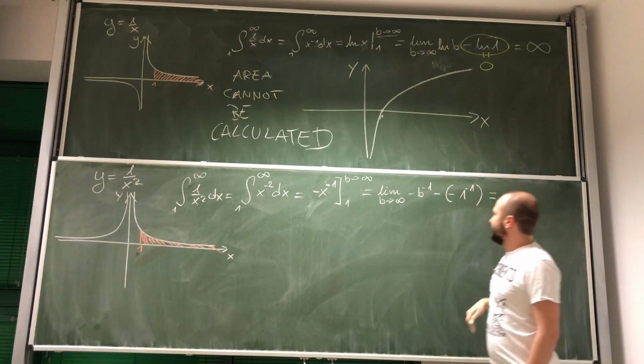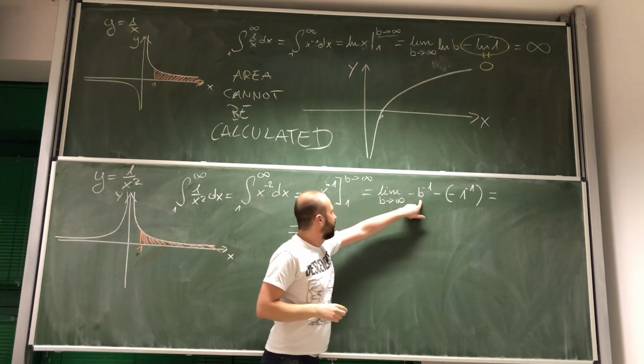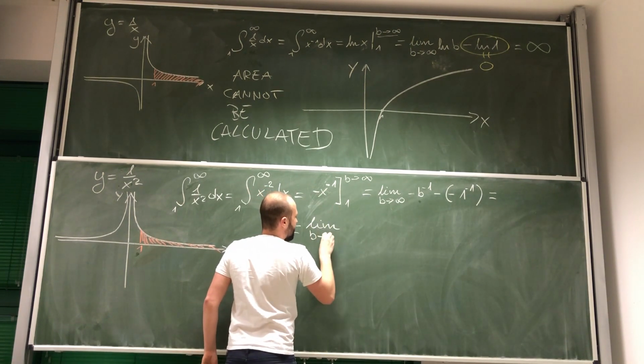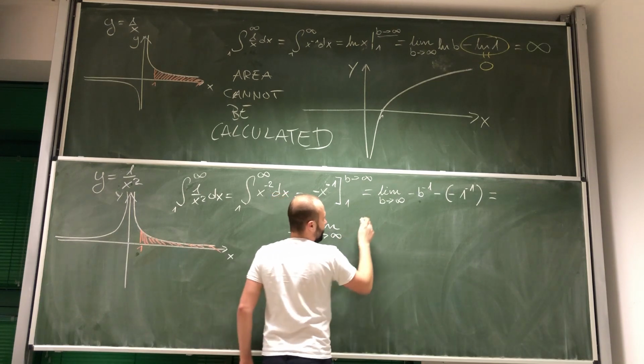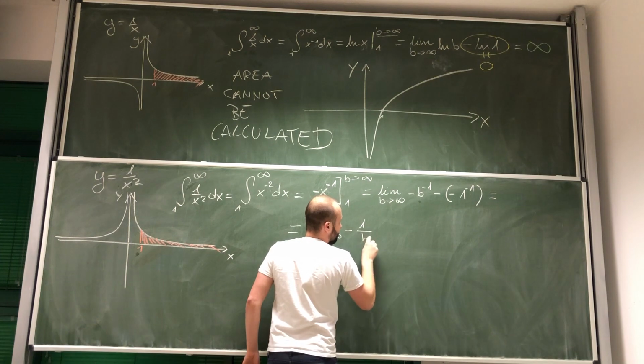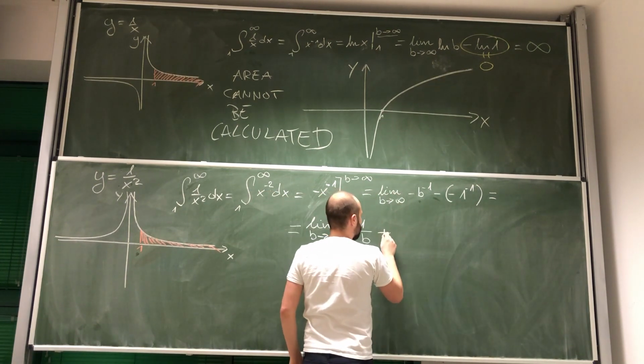Okay, let's rewrite this a little bit before we start calculations. Look, here we've got that this is the limit with b approaching infinity of negative 1 over b, but out of this, we're going to just get plus 1.